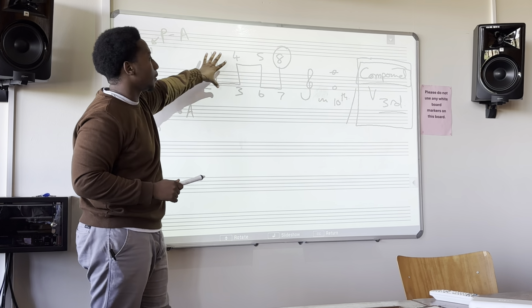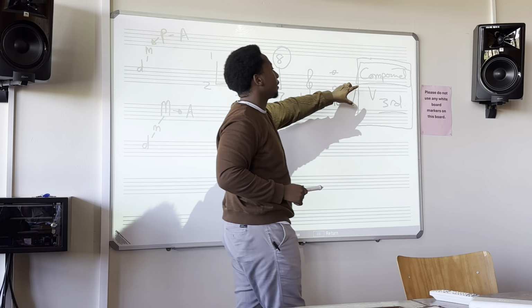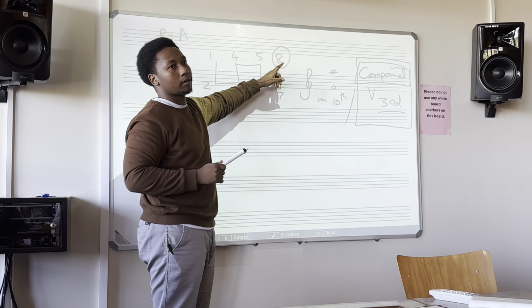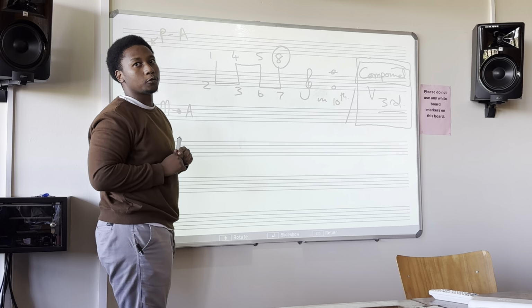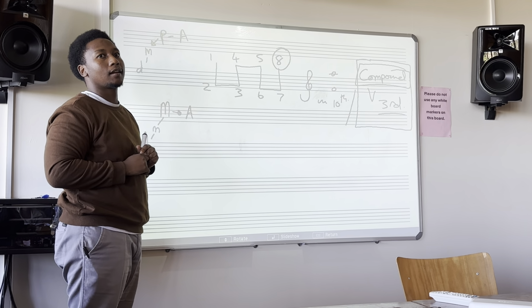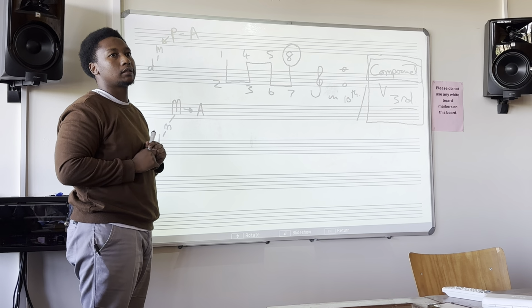So if you're using this method, it's better to say compound for when an interval is higher than an octave. Who's confused? Okay, so we're all on the same page.